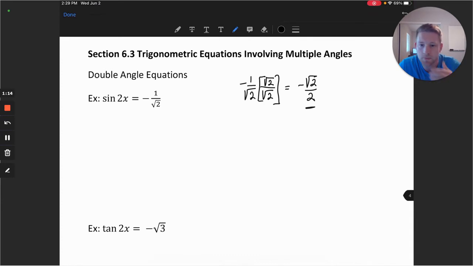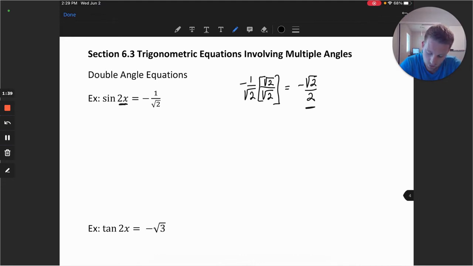Another thing that we might want to consider doing with these double angles, and later whatever triple angles or quadruple angles we have, is replacing this 2x by some other variable. We could call it theta, we could call it y, whatever we want, as long as we remember that that's representing this 2x that's in the original problem.